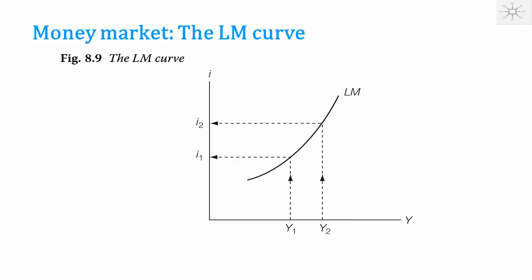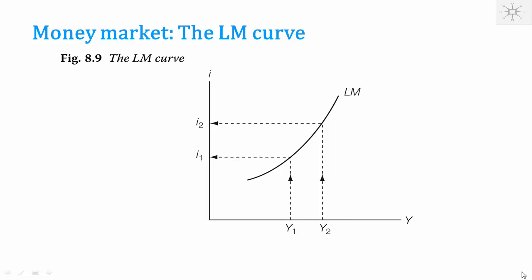And we see that if we initially start with the level of production Y1, and that gives in the money market an interest rate I1, if production increases to Y2, then the interest rate will increase to I2.